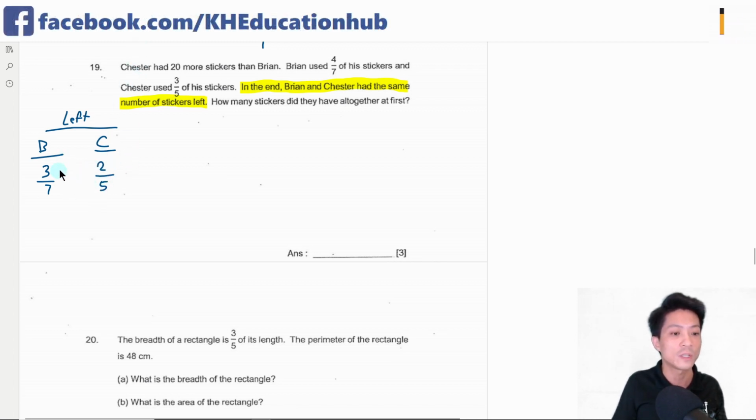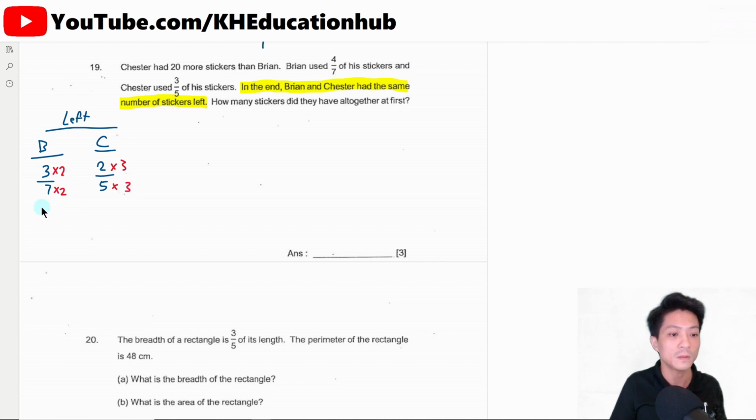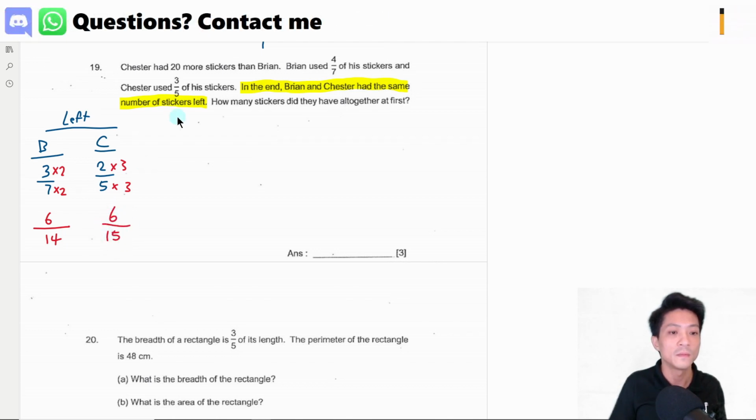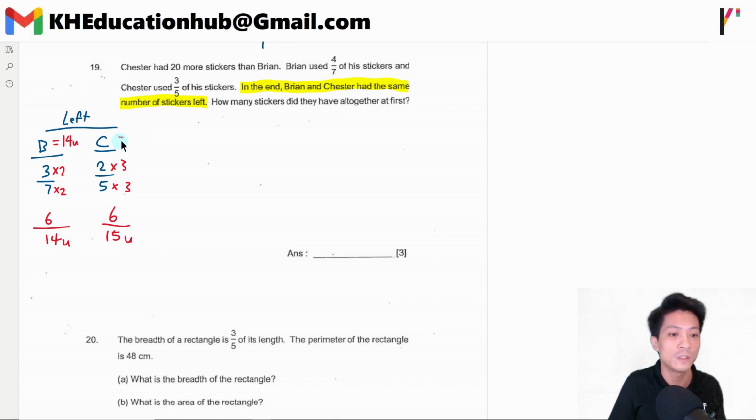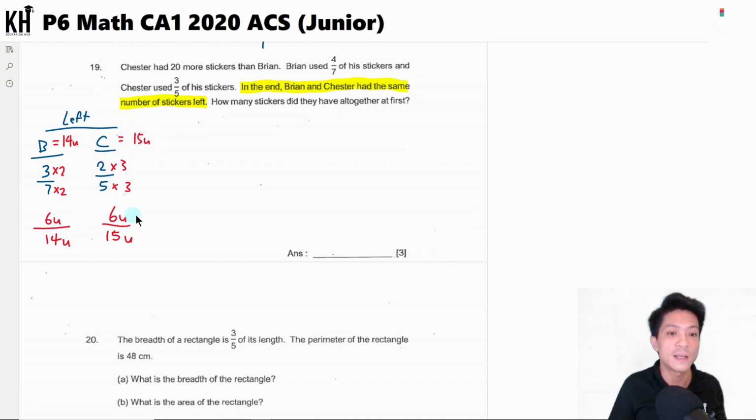If you know the shortcut, we've got to make the numerator the same. So I'm gonna times 2, times 2, times 3, times 3. This will give me 6 out of 14, and this will give me 6 out of 15. Basically the denominator will tell you what is their total units. Brian will have a total of 14 units, Chester will have a total of 15 units, and they have 6 units left each. That's why they had the same number of stickers left.